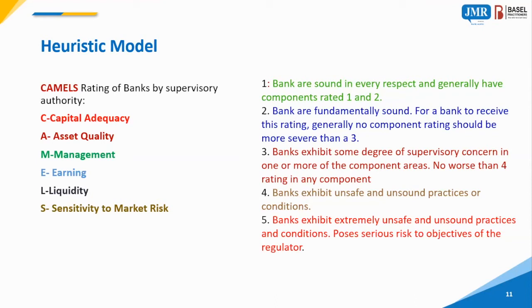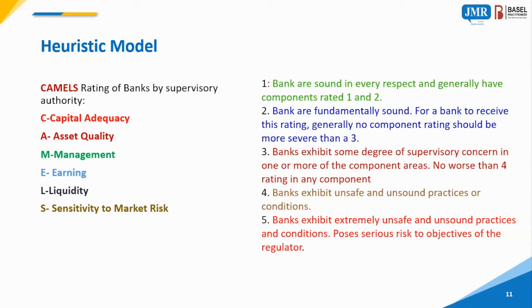Then they have 5 kinds of gradings, which is done by the USA authorities. Banks that are sound in every respect generally have components rated 1 and 2. There will be guidelines on which bank will be given 1, 2, 3, 4, 5, and they had a certain weighting diagram. Based on the weighting diagram, they will finally determine where this particular bank stands among 1, 2, 3, 4, 5.